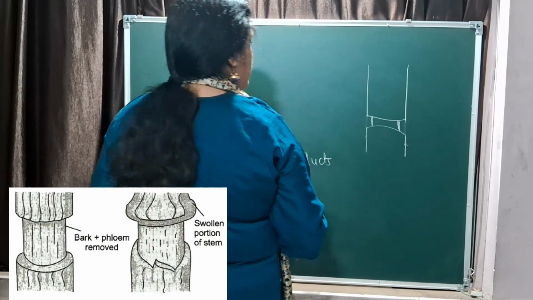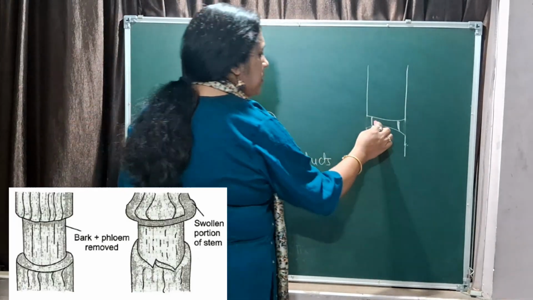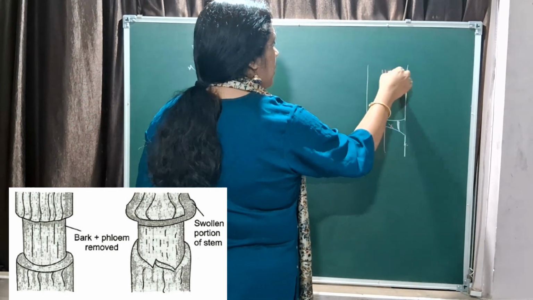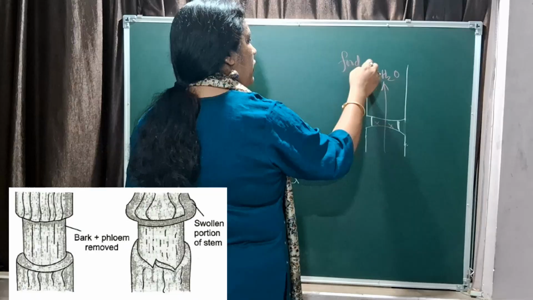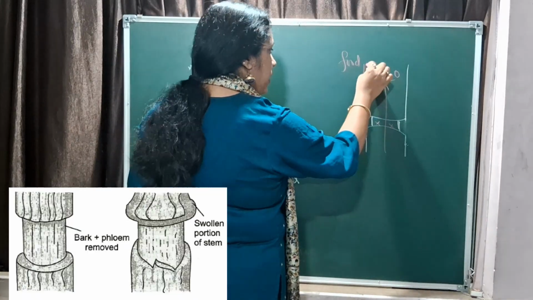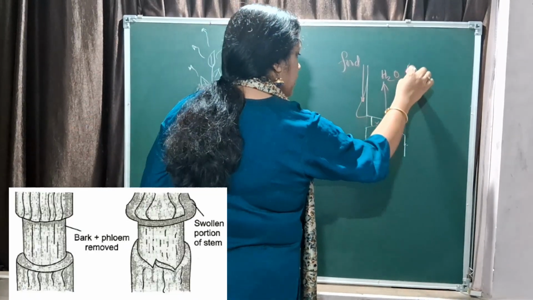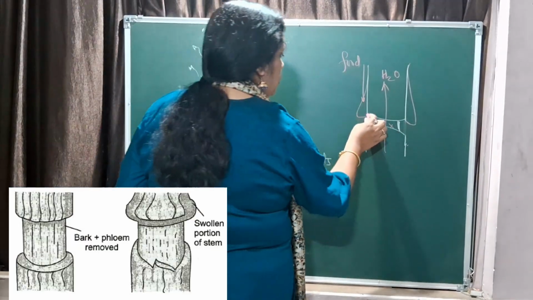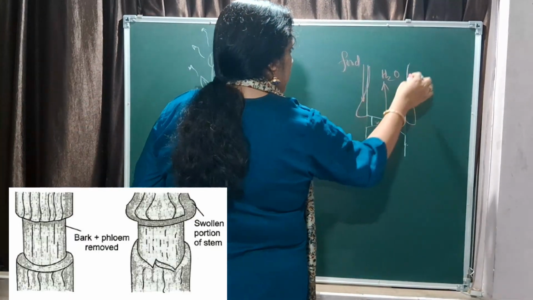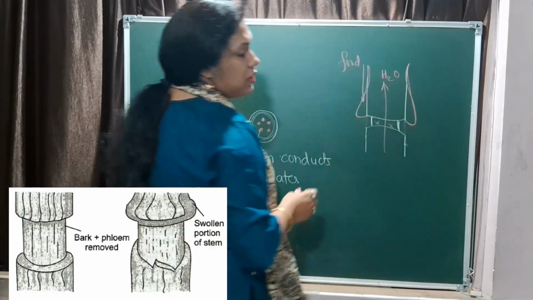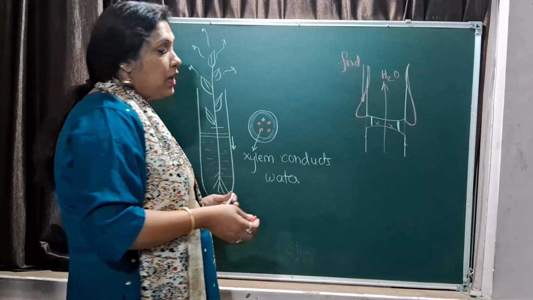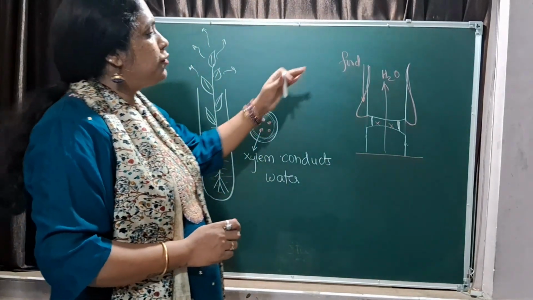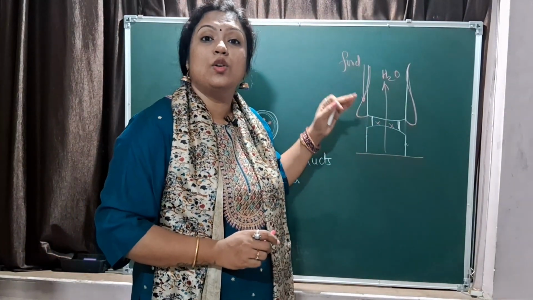After some time what happens, since xylem is present, the water will go up, but the food which is coming from the leaf will start coming down and will accumulate in the phloem. This will lead to a swelling in the trunk or the stem of the tree, and slowly and steadily you will realize that the plant will die because the food is not reaching the roots.